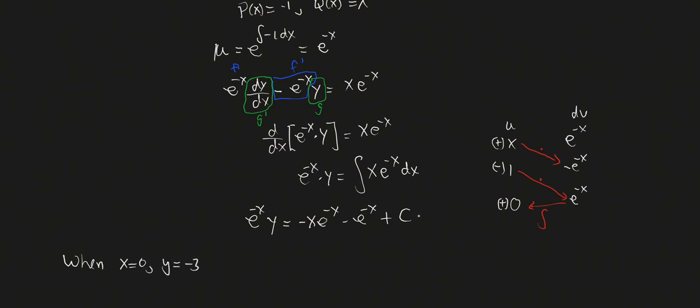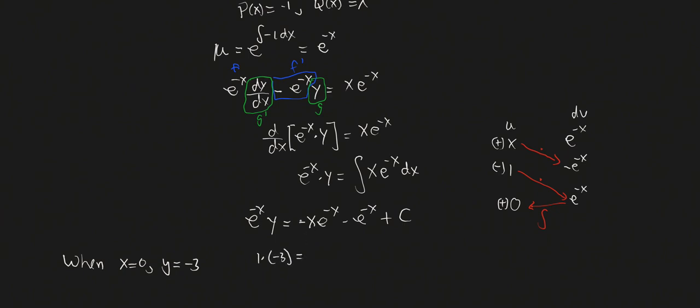So even though I haven't isolated anything yet, this is my implicit general form, I can still just go ahead and solve for C and get it out of the way and not incur any algebraic errors later on. So the nice thing is with the initial x value of 0, all the e's become a 1.